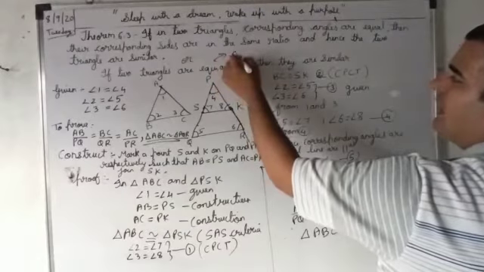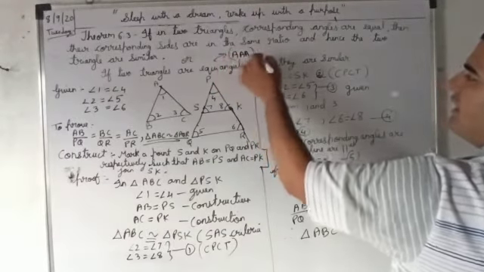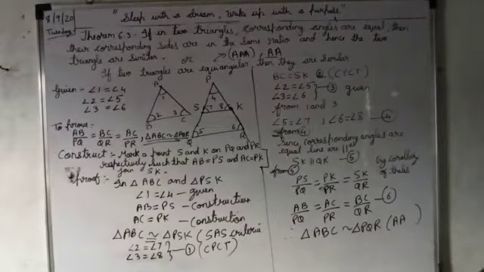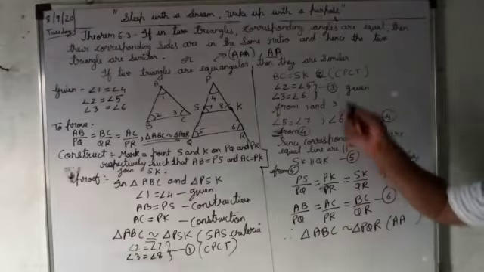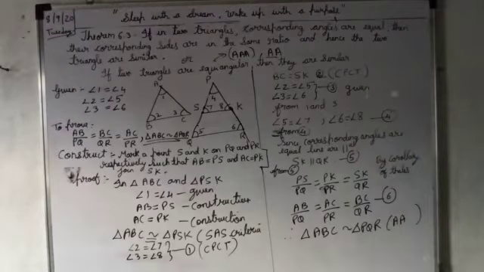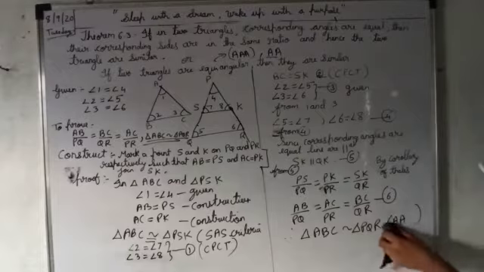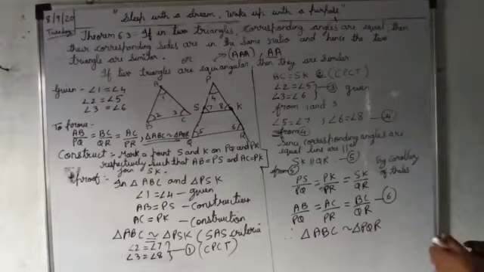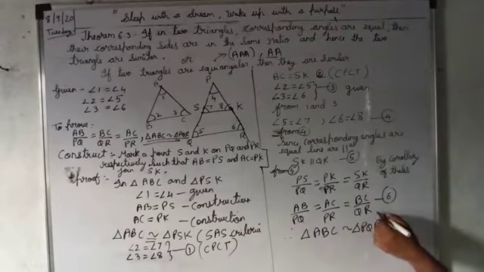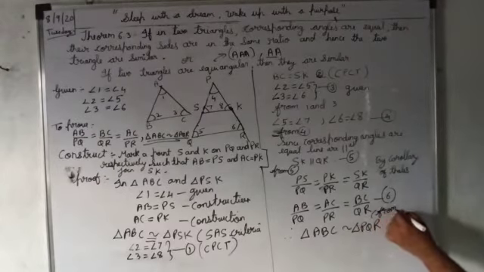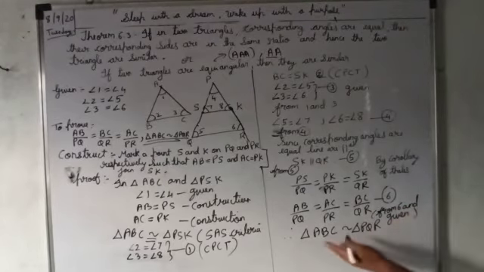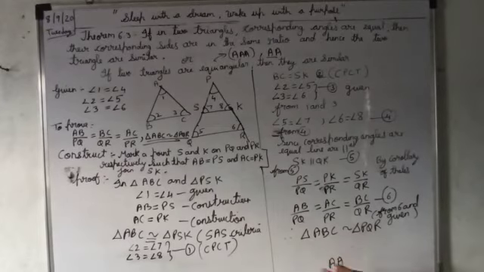It means AA criteria. So triangle ABC is similar to triangle PQR, and we have proved AA similarity. We can directly say triangle ABC is similar to triangle PQR from 6 and given, and we will use this AA criteria when we solve problems. Hope students, you got it.